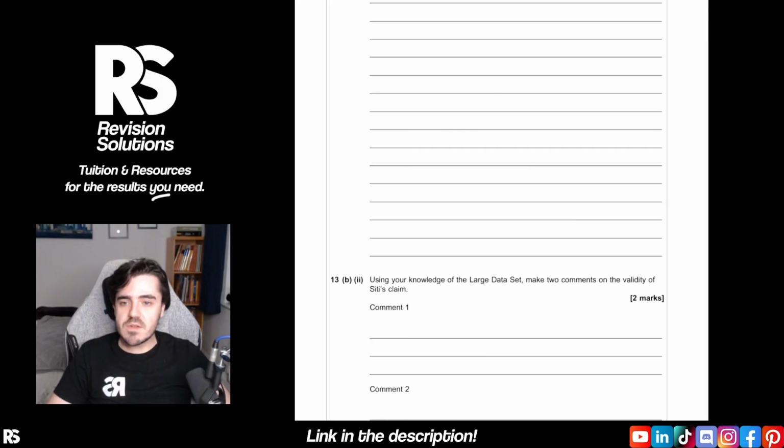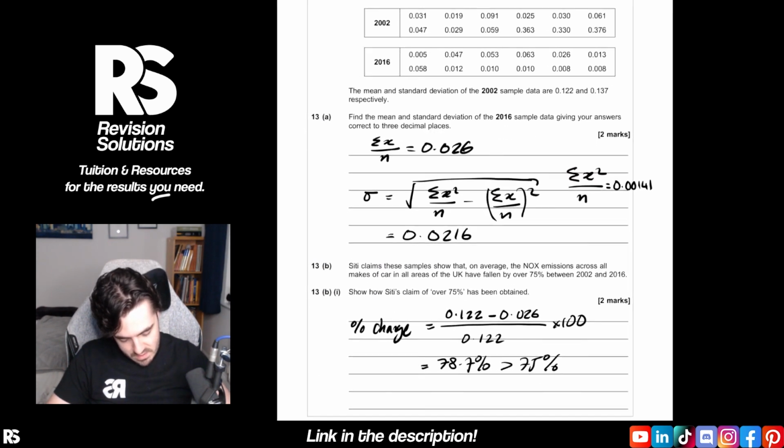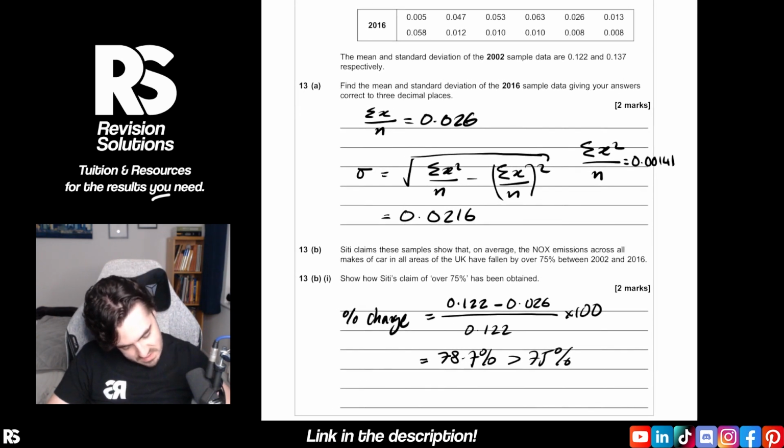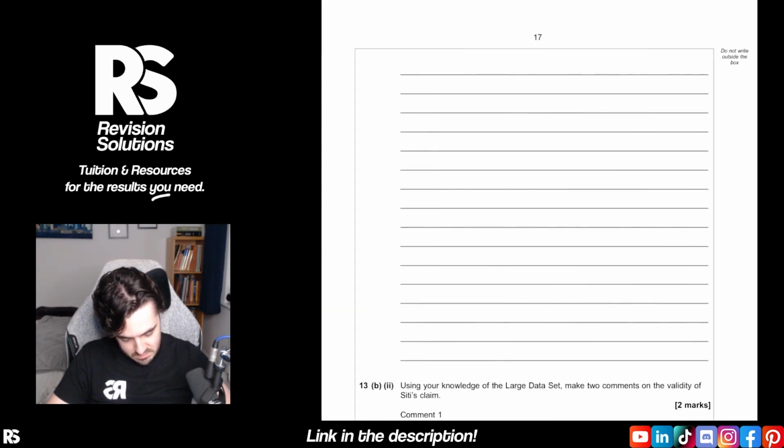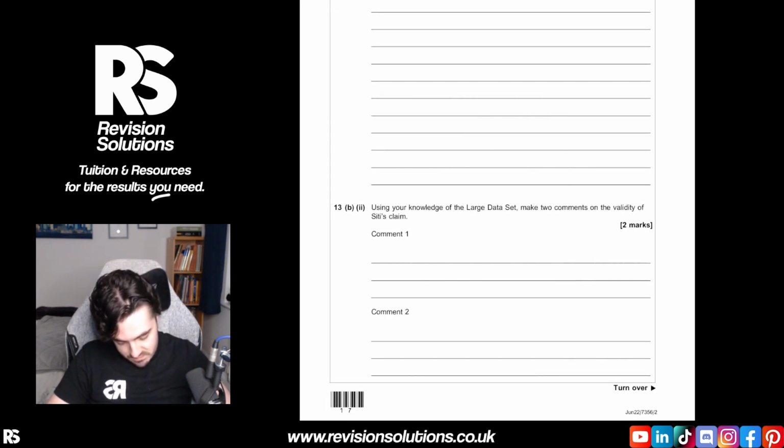So for 13b part 2, it says, using your knowledge of the large data set, make 2 comments on the validity of City's claim. Well, City's claim was quite broad in scope. It said across all makes of cars and in all areas of the UK. So that's 2 comments we could easily bring up, because in the large data set, not all makes of car are included.